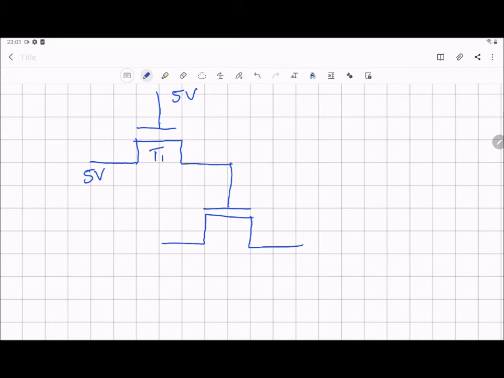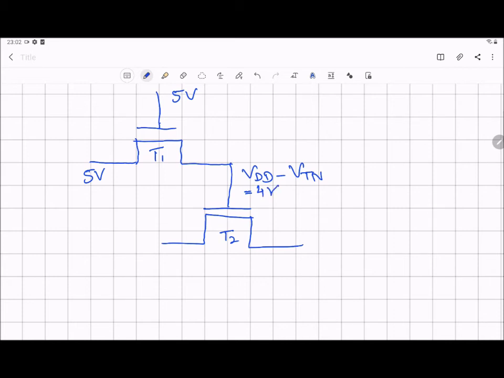So voltage across the gate capacitor of transistor T2 is going to be VDD minus VTN, that is equal to 4 volt.